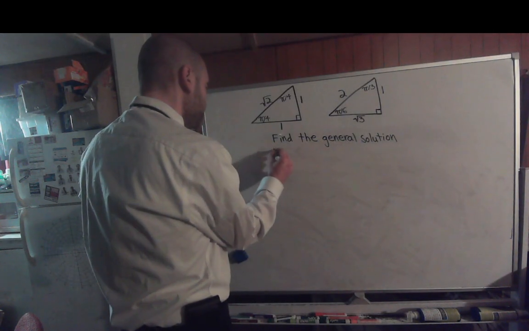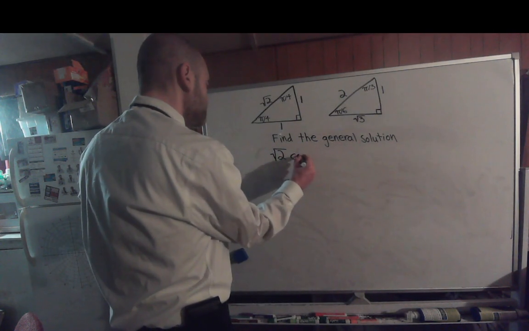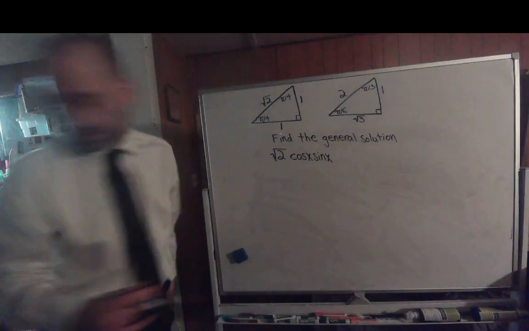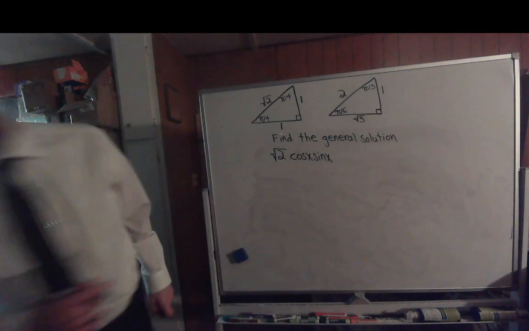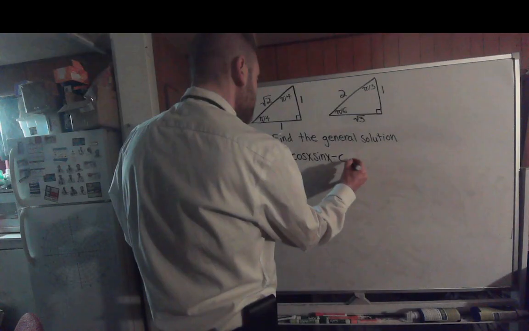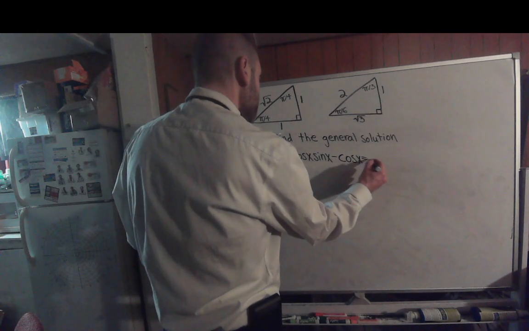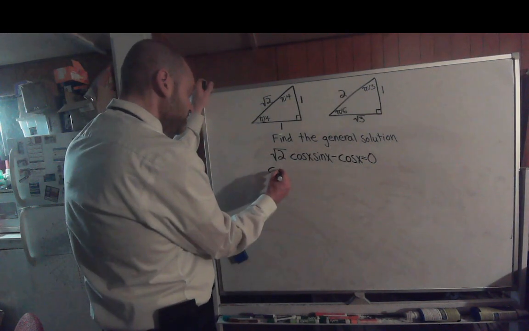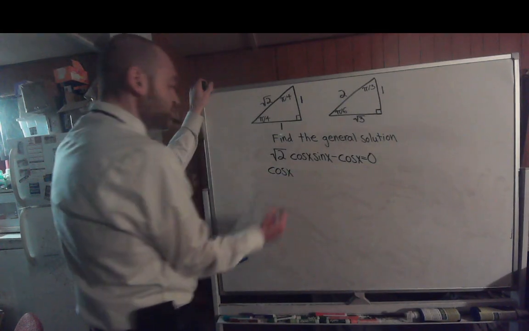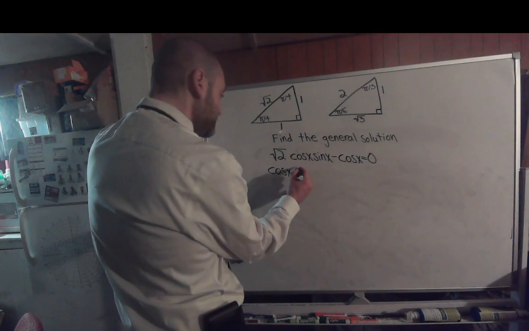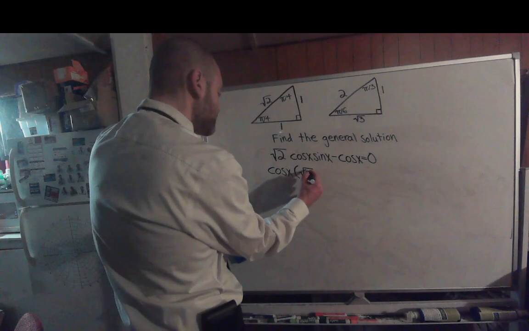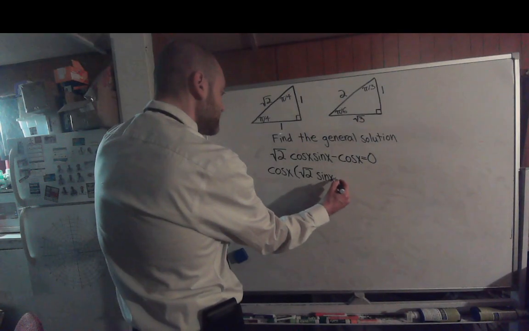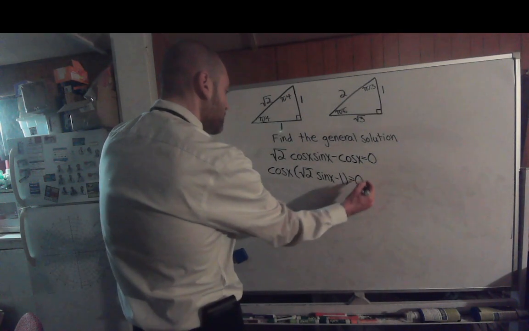Alright, square root of 2 times the cosine of x, sine of x, minus the cosine of x equals 0. Well, very clearly we can factor out a cosine of x, so you'll get the cosine of x times the quantity of the square root of 2 times the sine of x minus 1 equals 0.